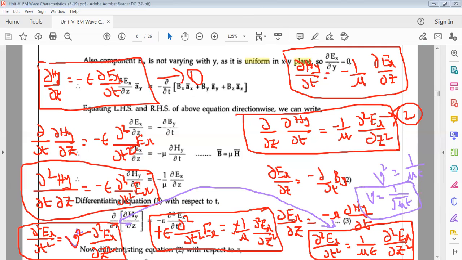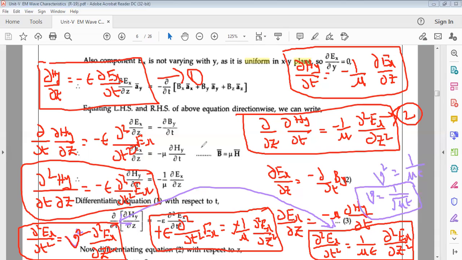The velocity of propagation v, not the potential, my dear students, it is the propagation velocity, is equal to 1 by under root of mu epsilon.